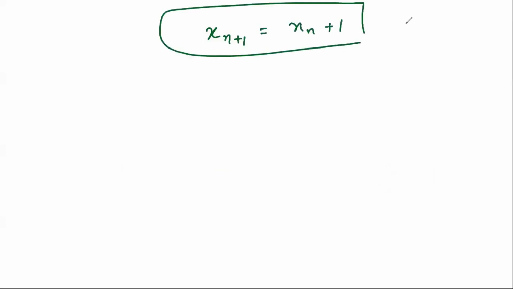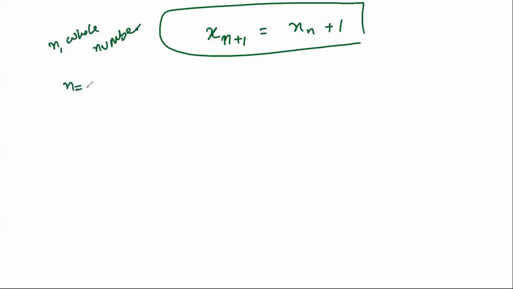The general formula that we have for iteration is x of n plus 1 equals x of n plus 1, right? So this formula is an iteration formula. How does it work? Here, n is a whole number, and you know that whole numbers start from 0.